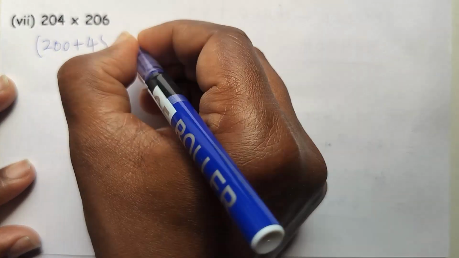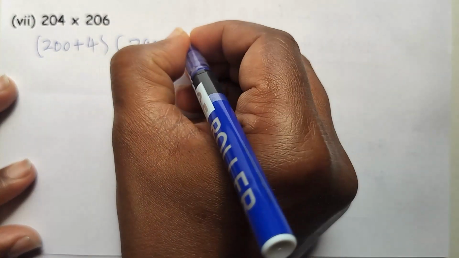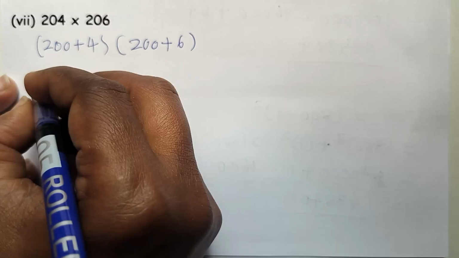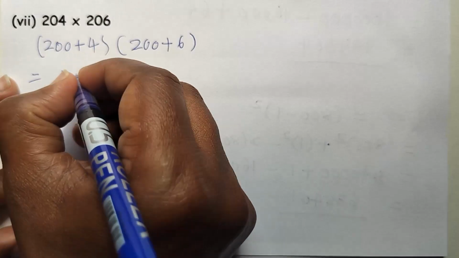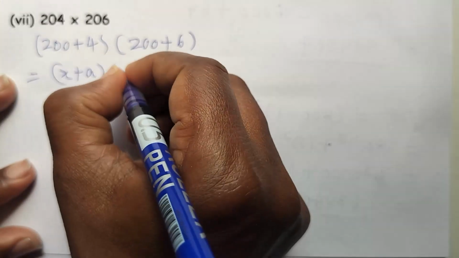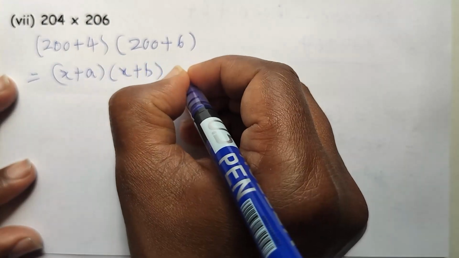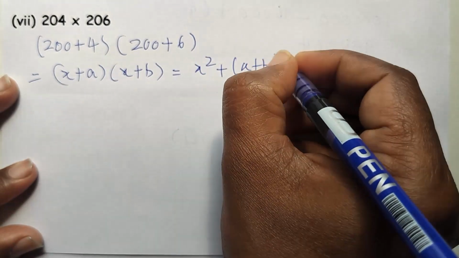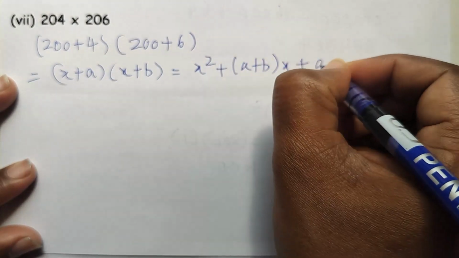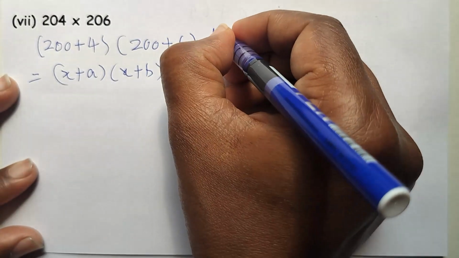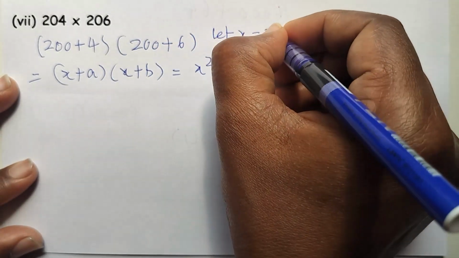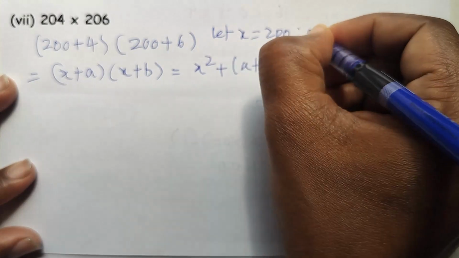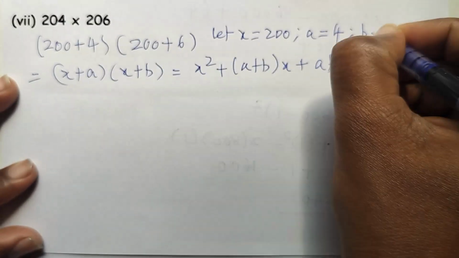Next 204 into 206. So 204 can be written as 200 plus 4 and 206 can be written as 200 plus 6. So now it is in the form of (x plus a) (x plus b). So that will be x square plus (a plus b)x plus ab here. So let here x equal to 200, a equal to 4, b equal to 6 here.